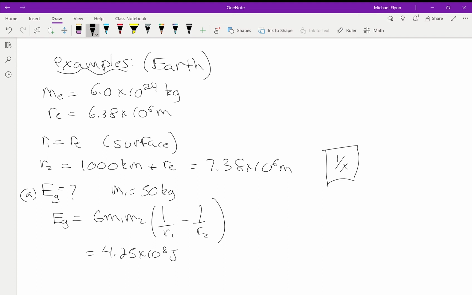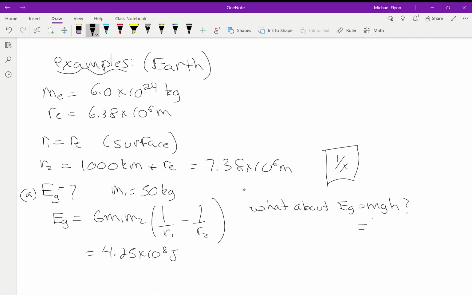Now, just out of curiosity, if you were going to do it the old-fashioned way, what about good old-fashioned mgh? Here, I'll write it over here. Eg equals mgh. Would that have given us the same answer?